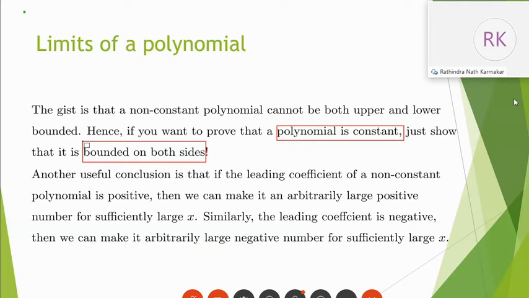But if it is a non-constant polynomial, that is degree at least one, then it won't be bounded on one of the sides. So if you have to prove that it is constant, all you have to do is show that it is bounded on both sides. And again, say you have to prove that it is 0, then first prove that it is constant and then prove that that constant is 0. So let's see how we can exploit this idea.